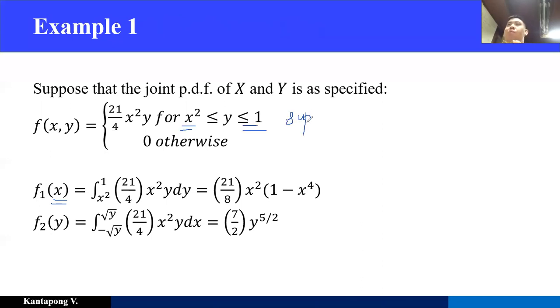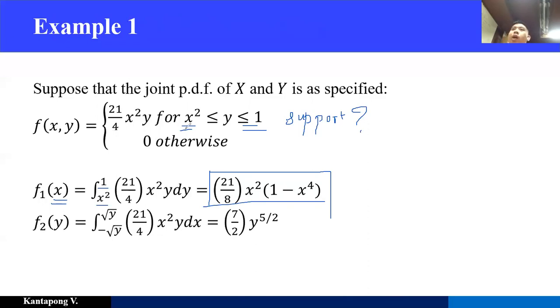The support may occur here. So we integrate from x squared to 1 and we get its function. Notice that we start from the PDF, but in the end, we have only a function of x, not y anymore.